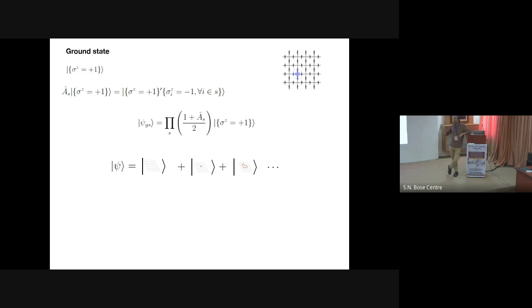So if you calculate the expectation value of one spin, okay, it has equal probability of sitting on the loop or not sitting on the loop. So the average value is 0. Okay, so the expectation value of all local operators using this ground state and all the low energy states are zero. So there is no symmetry breaking or no correlations that develop. So the ground state does not break any symmetry.